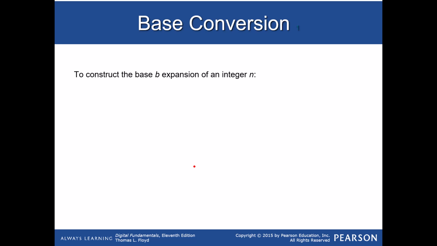Now it is time to understand how to convert from decimal into other systems, such as binary, and as you may guess, it's going to be the opposite. What we have done so far, when we converted from, say, binary to decimal, was multiply by the base. This time we're going to do the opposite, which is divide.